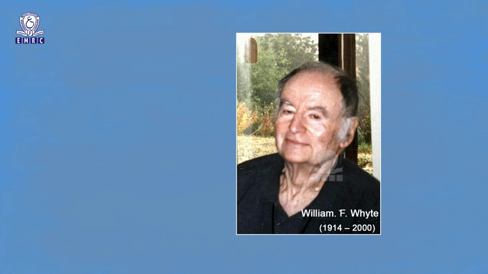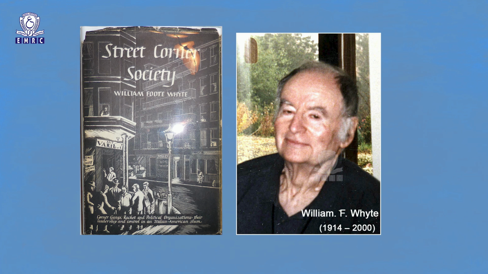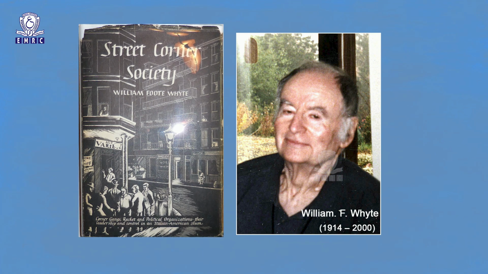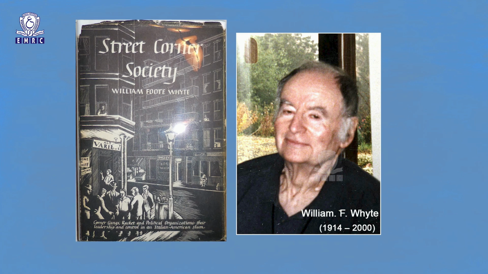William F. Whyte in 1943, in his well-known sociological study, Street Corner Society, studied Boston's North End and stressed the importance of overcrowding as a criterion for measuring slum conditions. Some slum areas, like in Delhi, have 40,000 people per square mile.